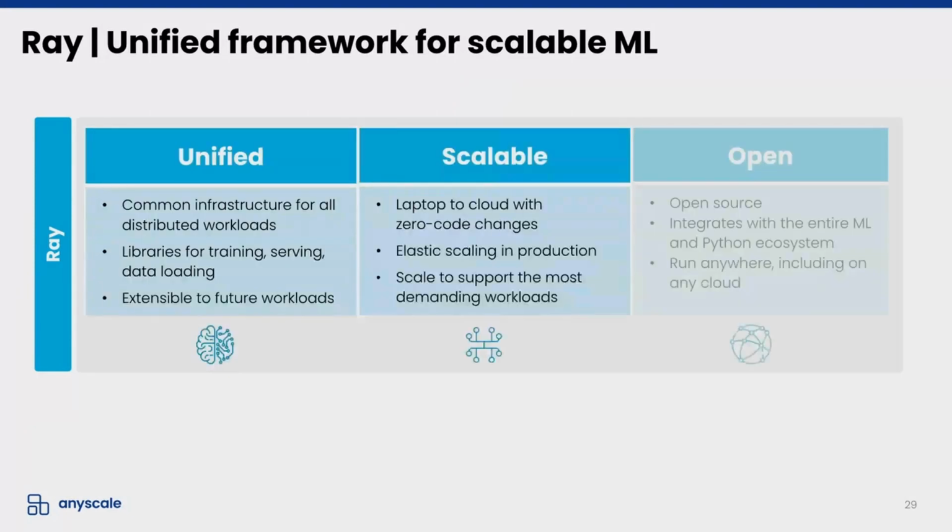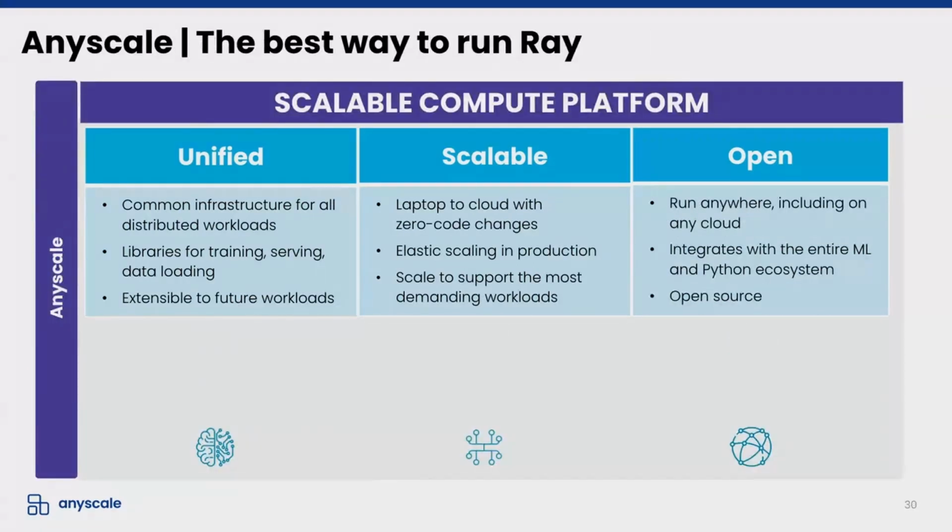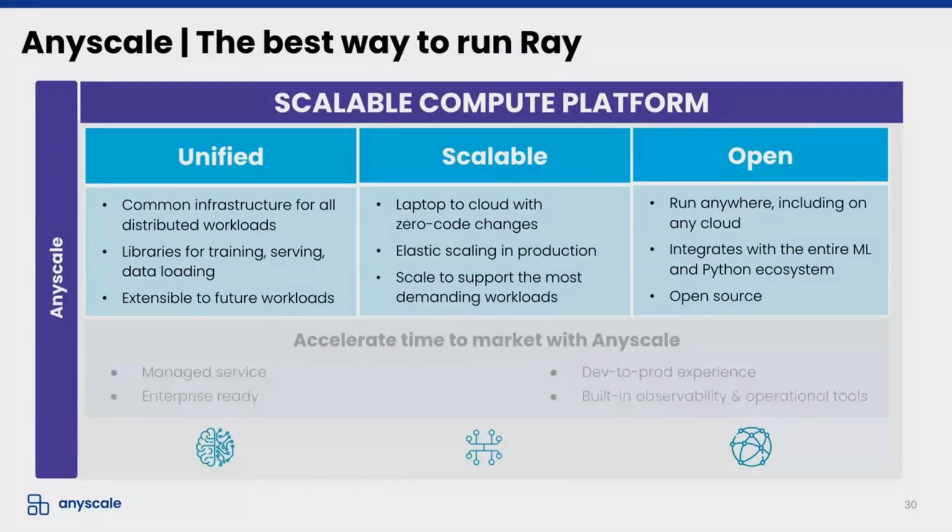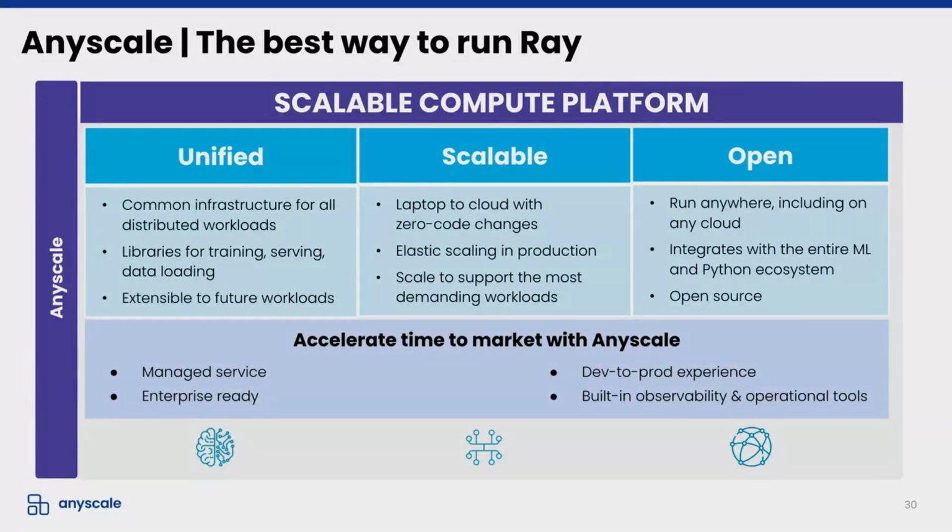If we look at the relationship between Ray and Anyscale, Ray is the open source, unified and scalable tool to run your machine learning applications. And Anyscale, our vision for it is that it is the best way to run Ray applications. It is a fully managed service.